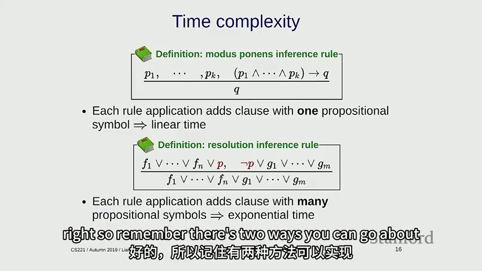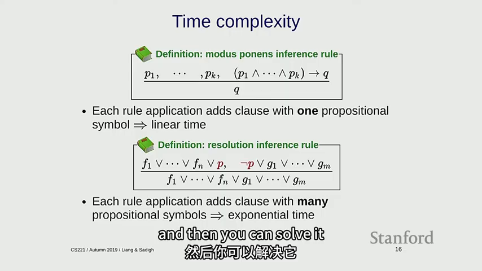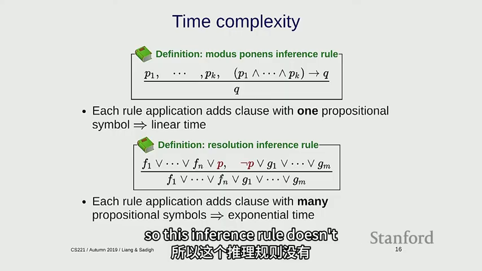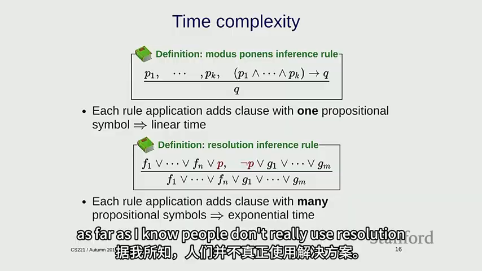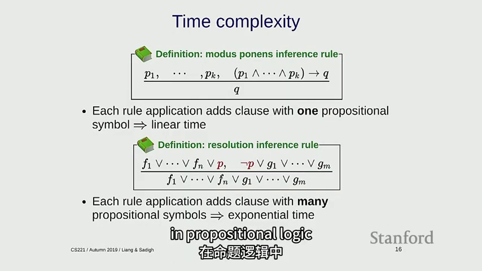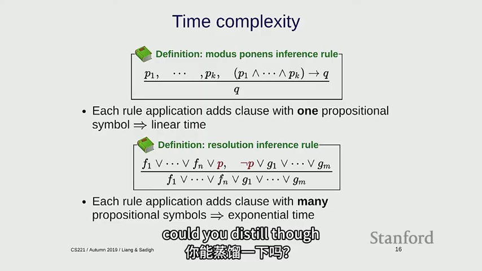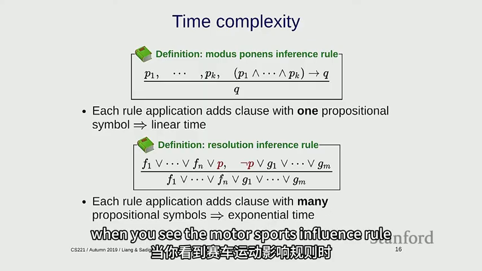Remember, there are two ways you can go about it. You can reduce things to CSPs and then solve it, or you can try to use inference rules. As far as I know, people don't really use resolution in propositional logic, but in first-order logic, you kind of have no choice.